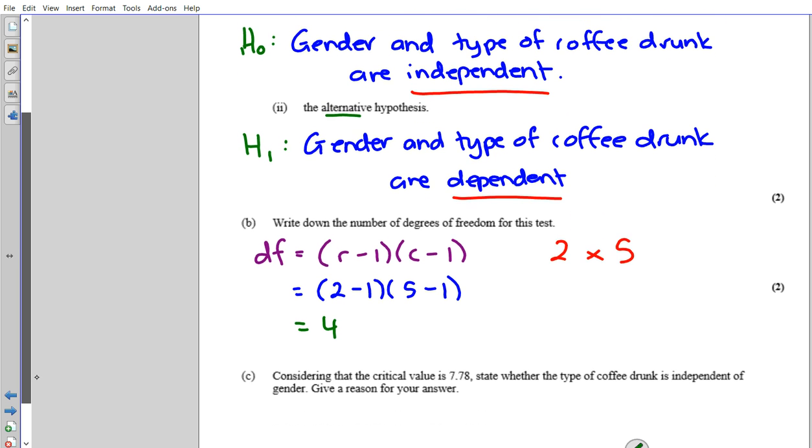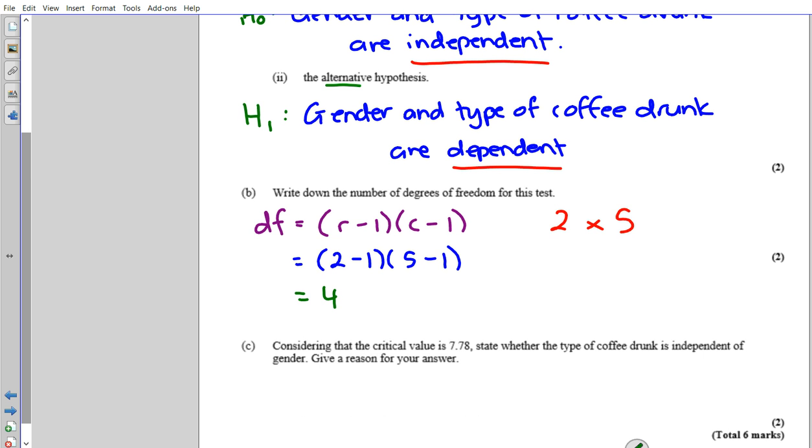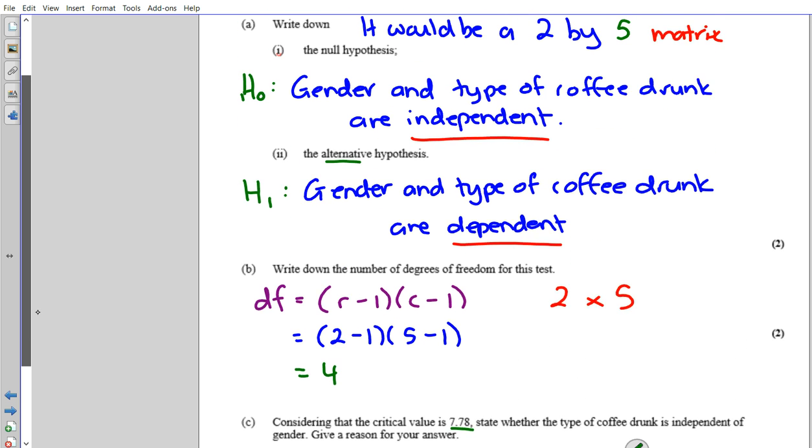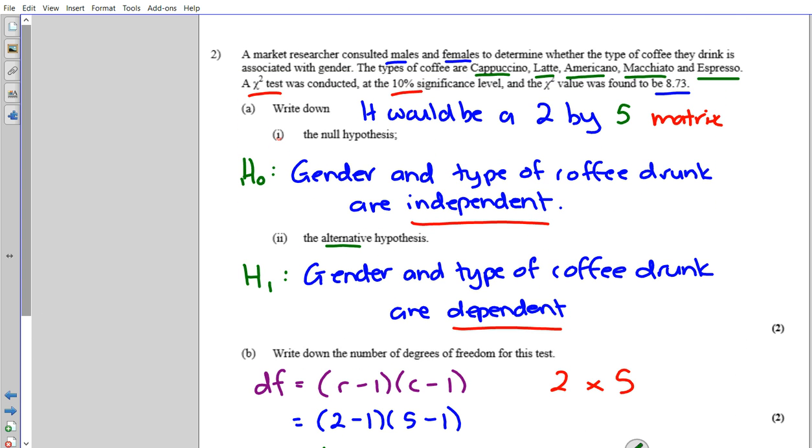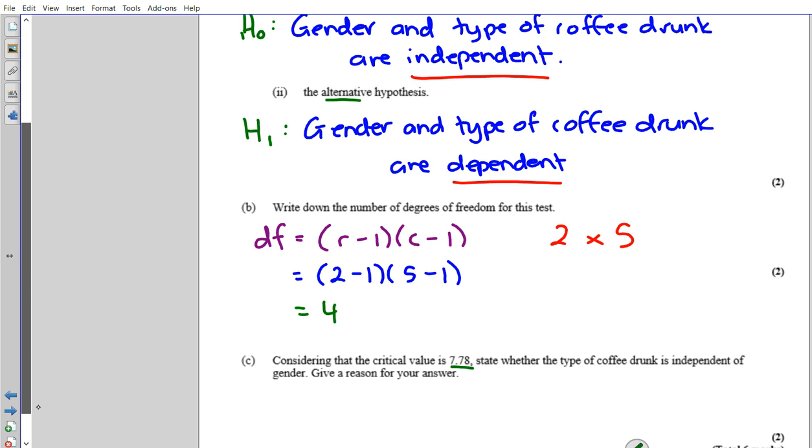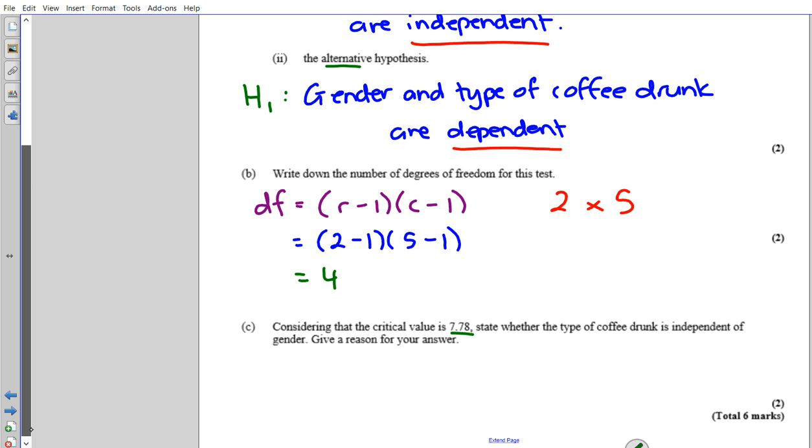So they've said considering the critical value is 7.78. Remember, our calculator value is 8.73. So considering the critical value is 7.78, state whether the type of coffee drunk is independent of gender. I tend to first of all say, was my calculator value higher or lower than the critical value? Because that's the mark you get for reasoning.